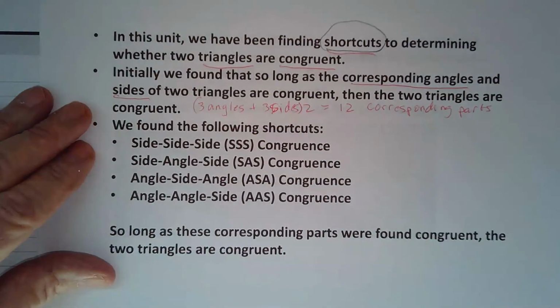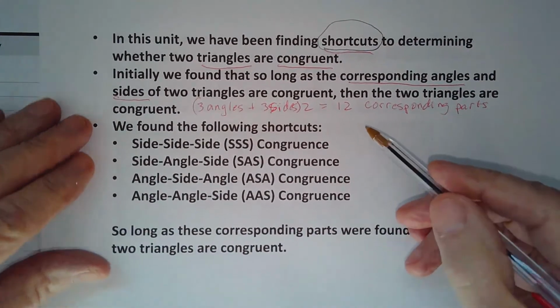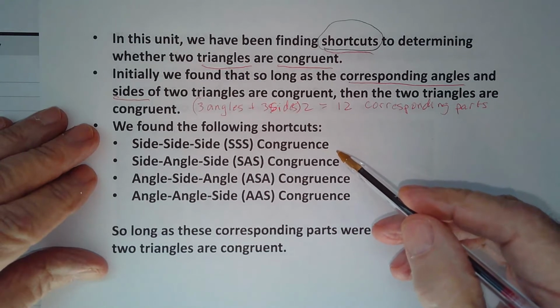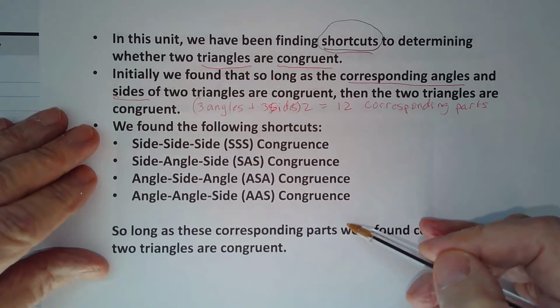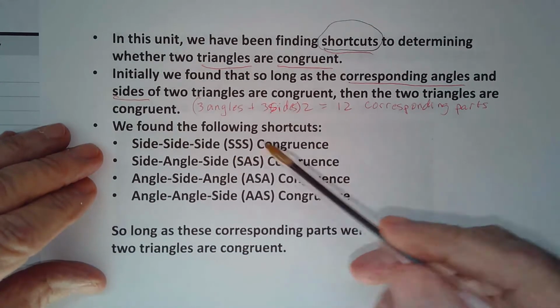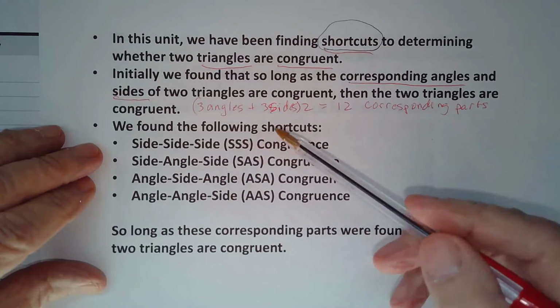The ancients, when they worked this stuff and after they proved it, started to notice that they could still show congruency even with the shortcuts that they observed and recorded. We have already gone over the following shortcuts.